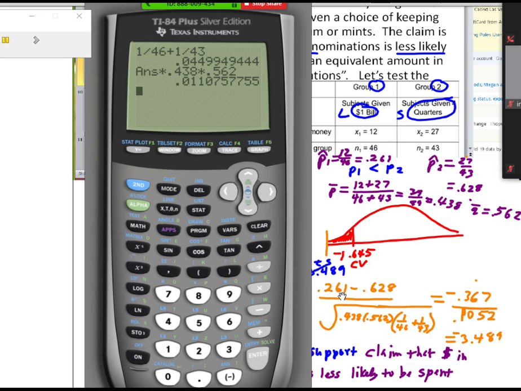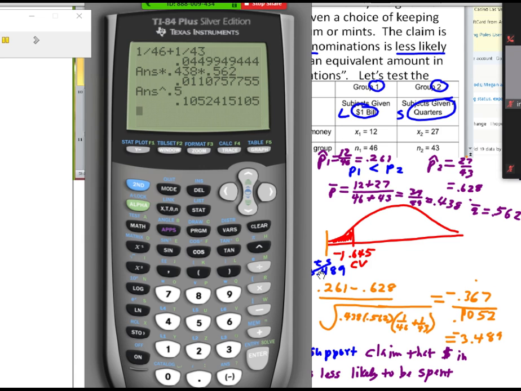And I want to take the square root of that, so I'm going to raise it to the 1/2 power. Square rooting is the same as raising it to the 1/2 power. 1/2 is 0.5, and that will give me 1.052. So that's where this denominator comes from. And then when I divide those, I get negative 3.489.